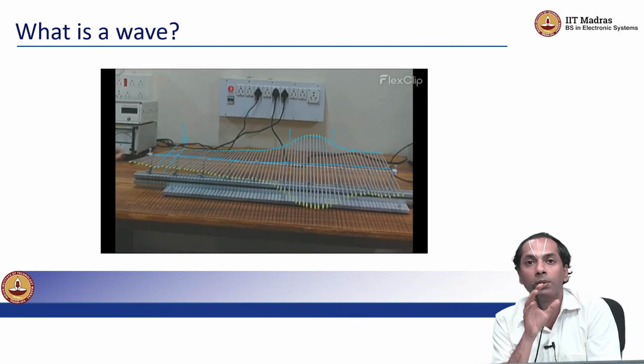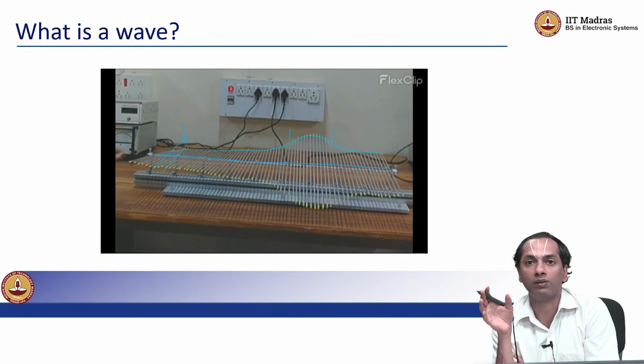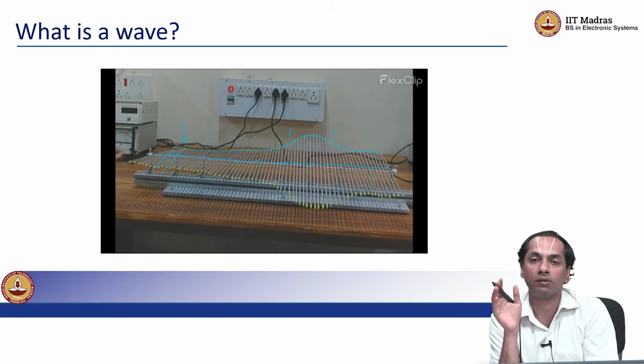What used to happen at some time in the past at one location is again reoccurring at a different location in the future. This is the best definition I can think of in the English language to portray what is happening and what we call waves.